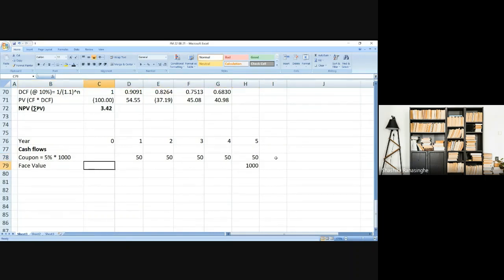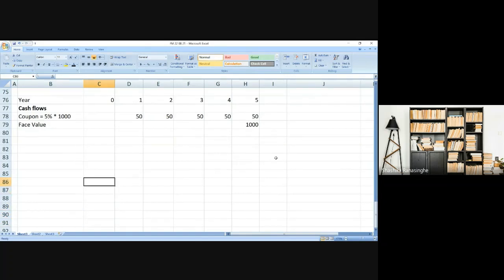And no sooner you see this, what runs through your head? You see a series of cash flows which you receive over a period of 5 years, right? So initially you get a coupon every year of 50, and when the bond matures, you get the face value of 1,000. So what is the first thing that runs through your mind?